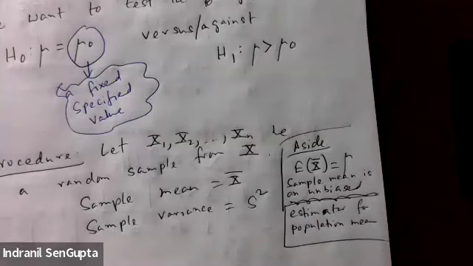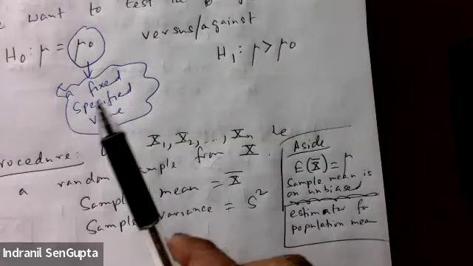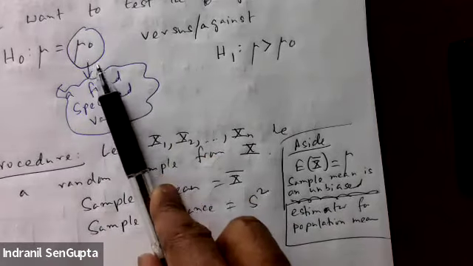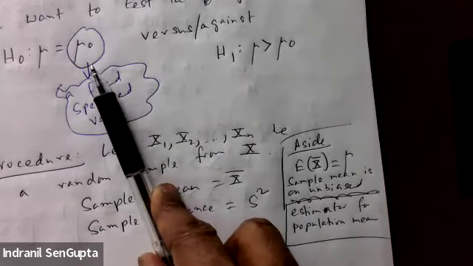So then the question is whether your sample mean is close to mu zero, or equal to mu sub zero.